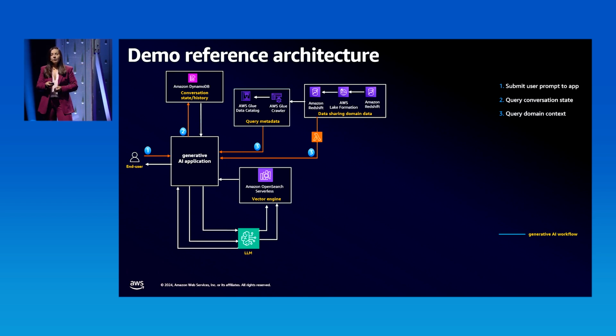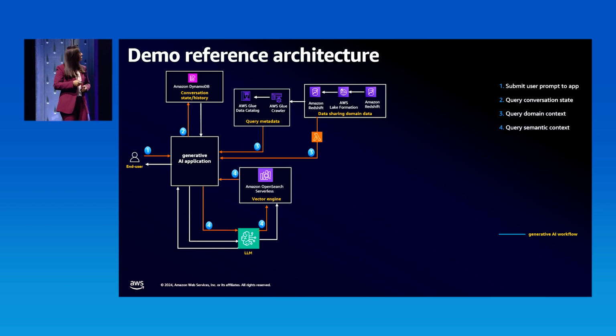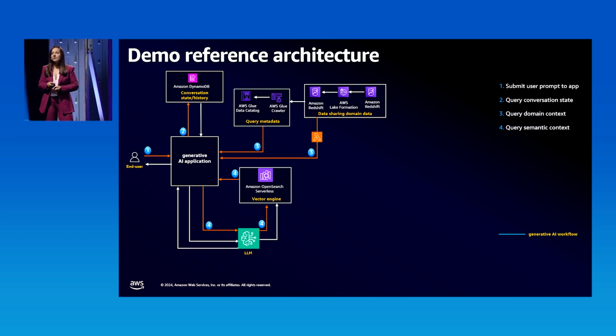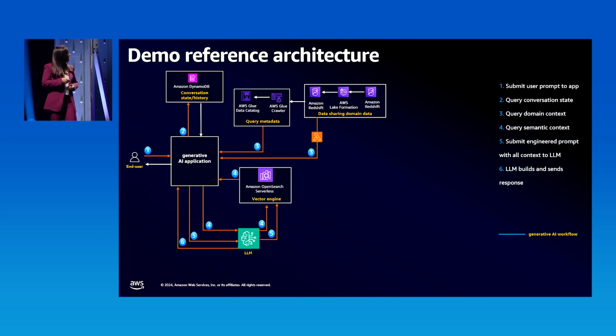Once we have the data from the company data warehouses, we can also extract the semantic context from the Amazon OpenSearch Serverless service, where we are storing those example promo docs, leadership principles, and level matrix. This information then is passed to the large language model that later formulates the response. And this response is again stored in the conversation history in DynamoDB and returned to the user.